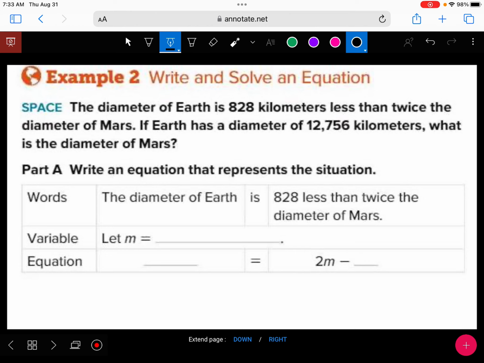So you got that the diameter of Earth is 828 kilometers less than twice the diameter of Mars. If we know the diameter of Earth is 12,756 kilometers, what is the diameter of Mars? So the first thing we need to figure out, what the heck are our variables? What don't we know?